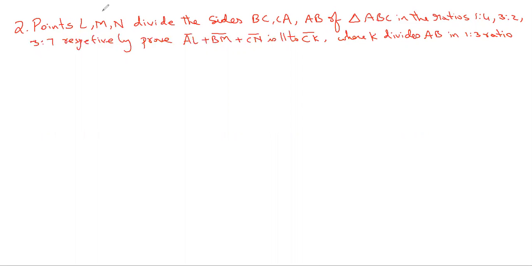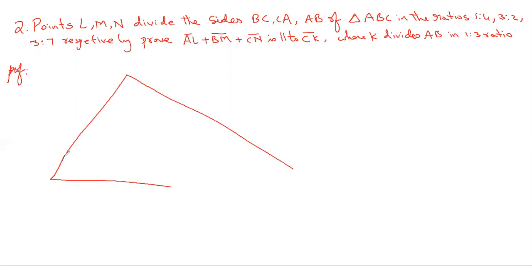So let us have a rough diagram and convert the information into that. A, B, C. What they're telling us is that L divides BC in the ratio 1:4, roughly.